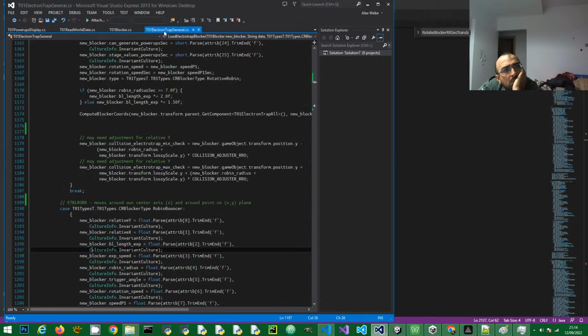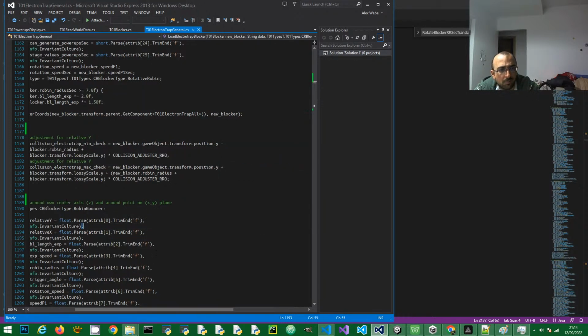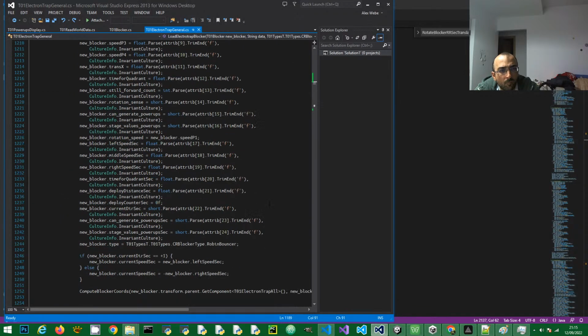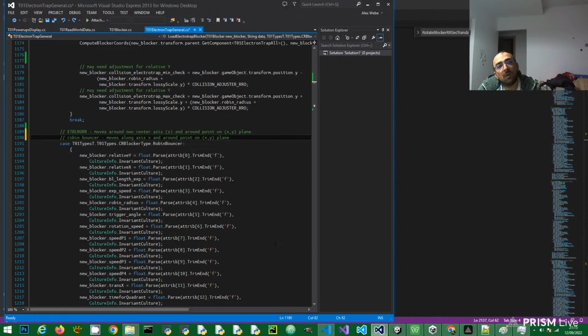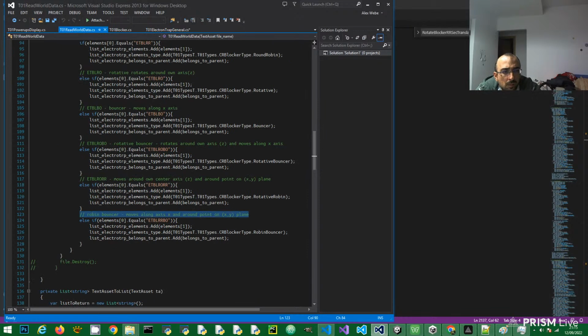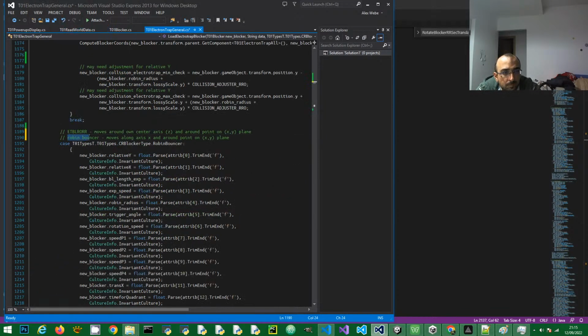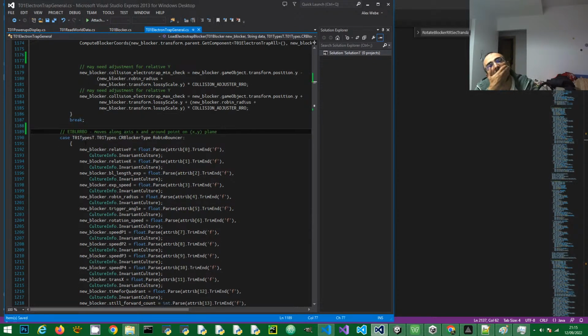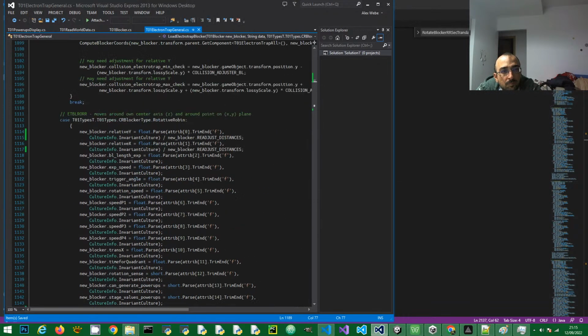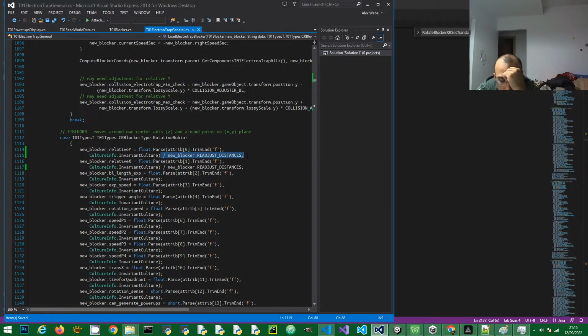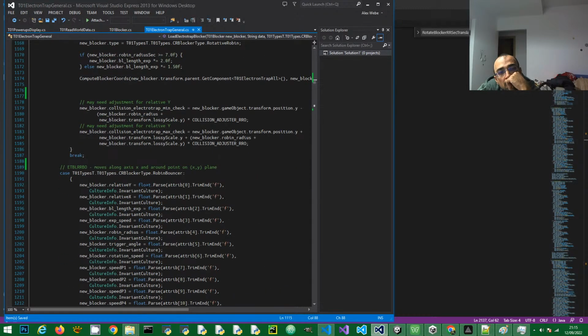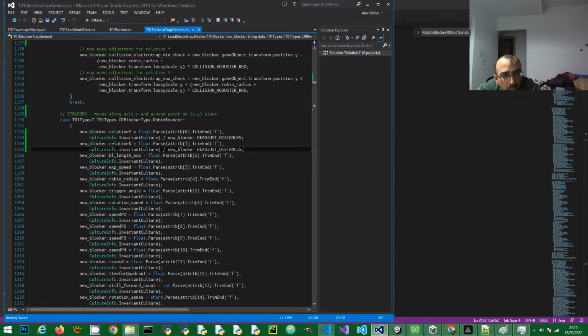So this is wooden bounce. Okay. This one too.